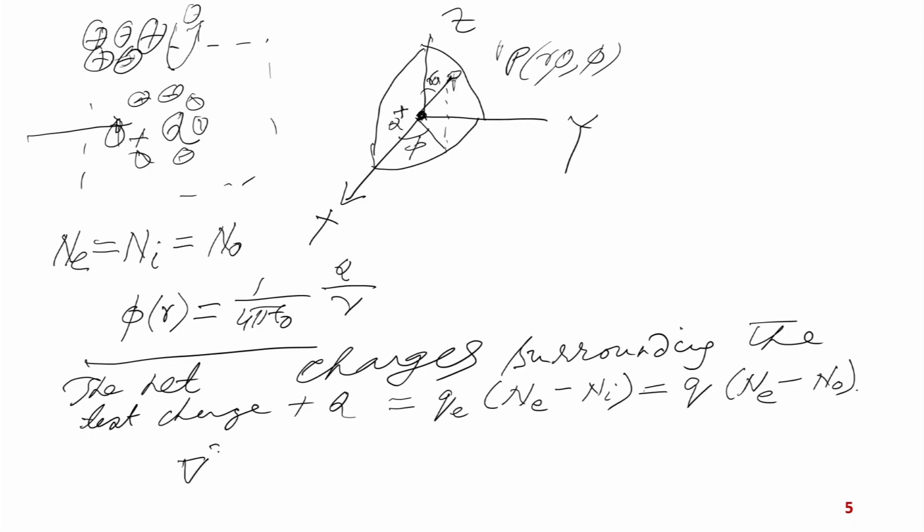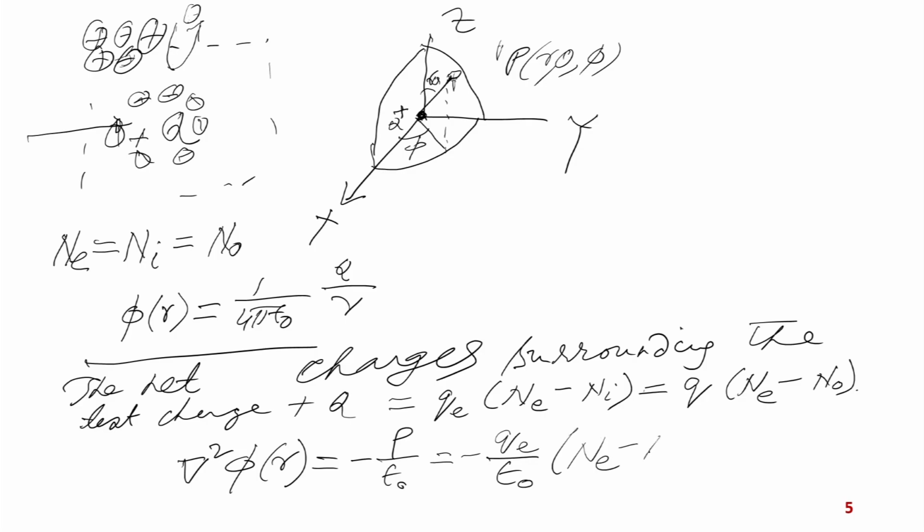Poisson's equation is del square phi of r equal to minus rho by epsilon 0, and this I can write as minus q e by epsilon 0 times n e minus n 0, or I can even write it as minus q e n 0 by epsilon 0 times n e by n 0 minus 1.